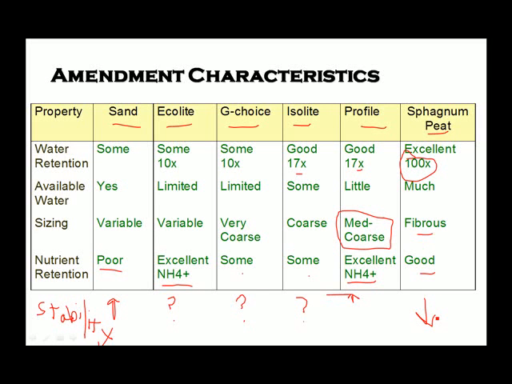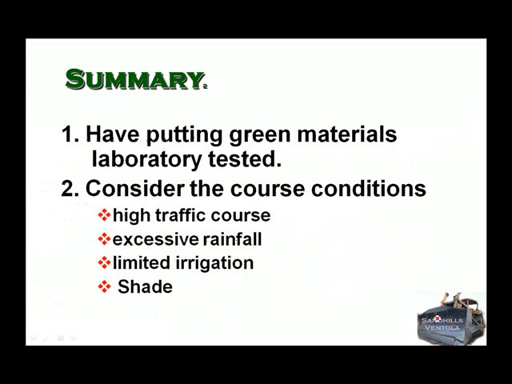We can't test over time, but we can get the results. We can make our own mix. We can see how your mix is going to change your perk rate. That's really important numbers, even though we might discount perk rate. How will adding Profile to sand change the perk rate of the sand? We can do that. How will adding peat moss to sand change the perk rate of the sand?